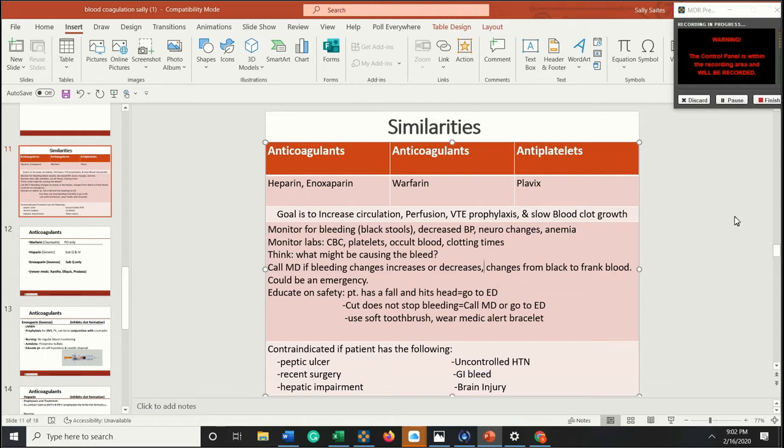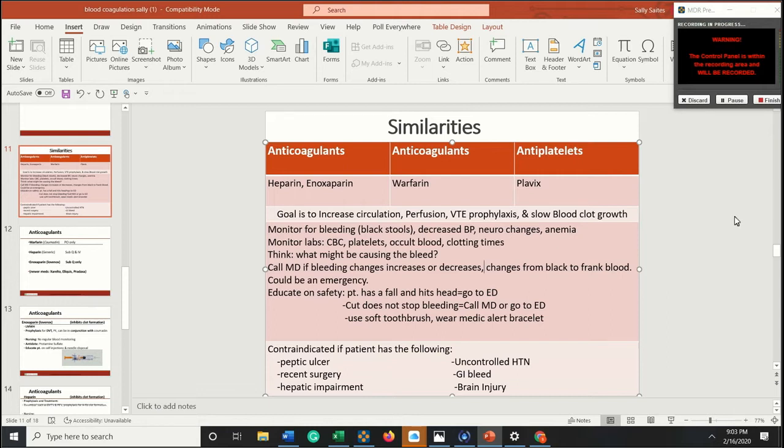And so these all interfere with the coagulation cascade, which means we have less clotting factors in our body, which means we're able to bleed easier. Okay. Important note there, less clotting factors because these are trying to interfere with those clotting factors, and then we bleed easier. So with that in mind, one of the major adverse effects for this is bleeding. We're going to be able to bleed more easily.